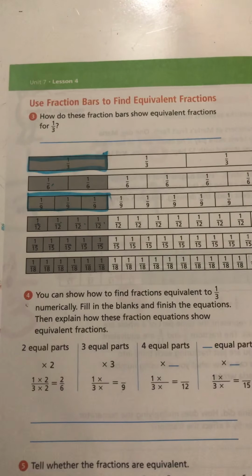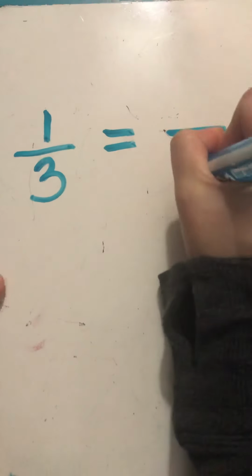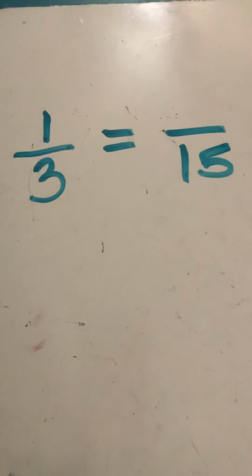Okay, let's do one more together, and then I'm going to let you loose to work on your couple of math pages. Let's just stick with our 1/3. I want to know an equivalent fraction to 1/3 that has a denominator of 15. Okay, what am I going to do? All right, so I'm going to erase my equal sign real quick.